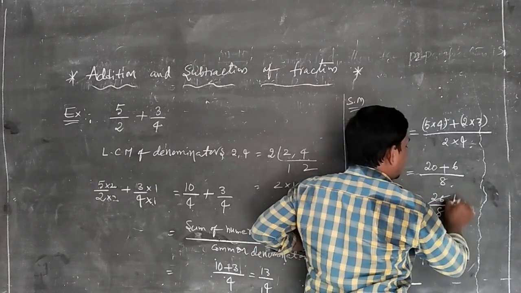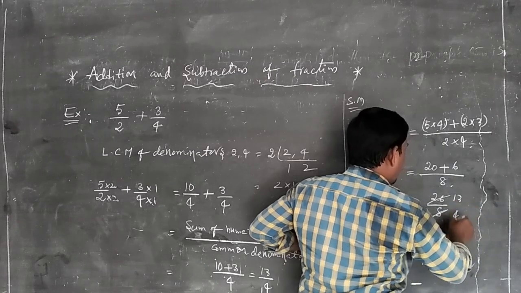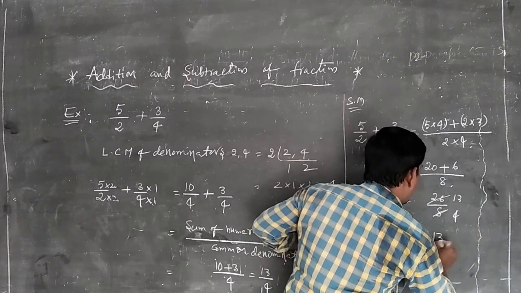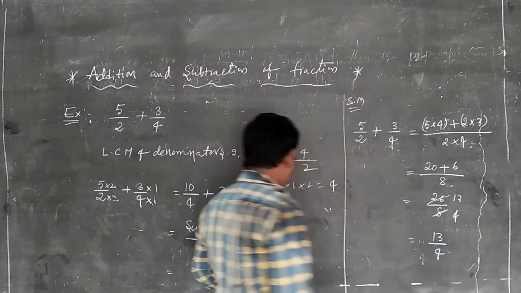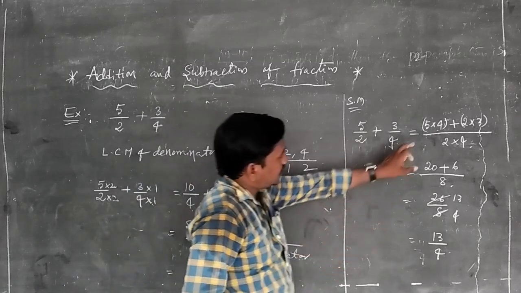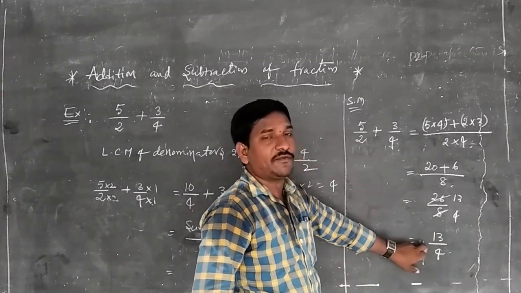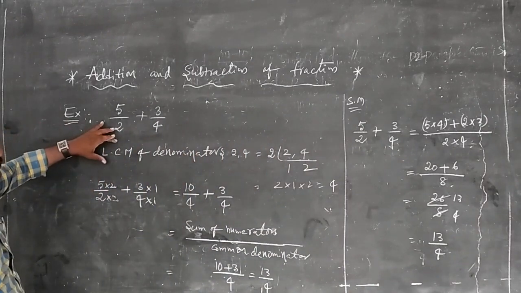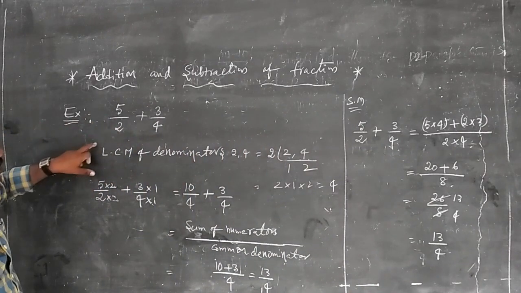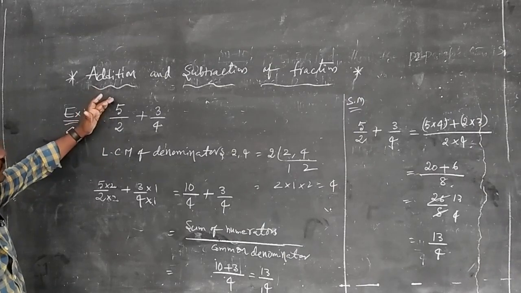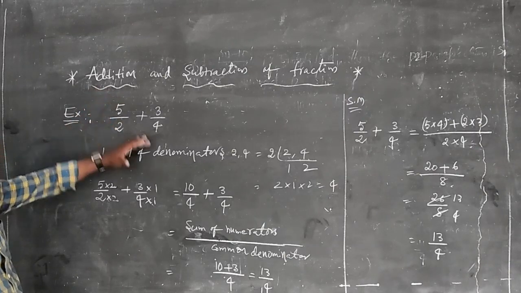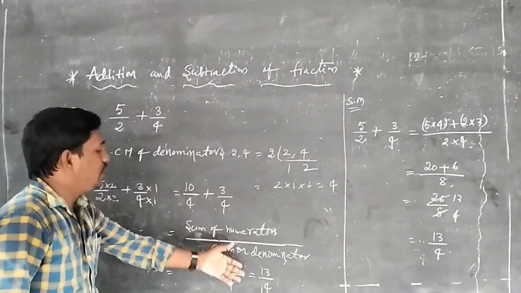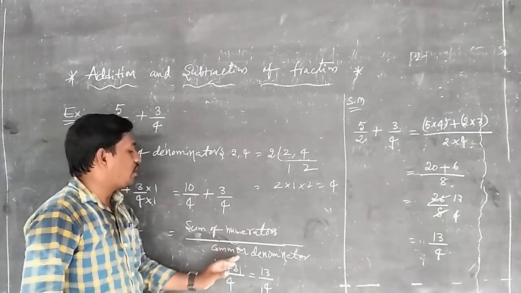2 table 13 times, here 4 times. We got 13 by 4. What we got previously? 13 by 4. In the simple method also we got 13 by 4. In the first way, the unlike fractions are converted into like fractions, then we apply the rule sum of the numerators by common denominator, by taking the LCM of the denominators.